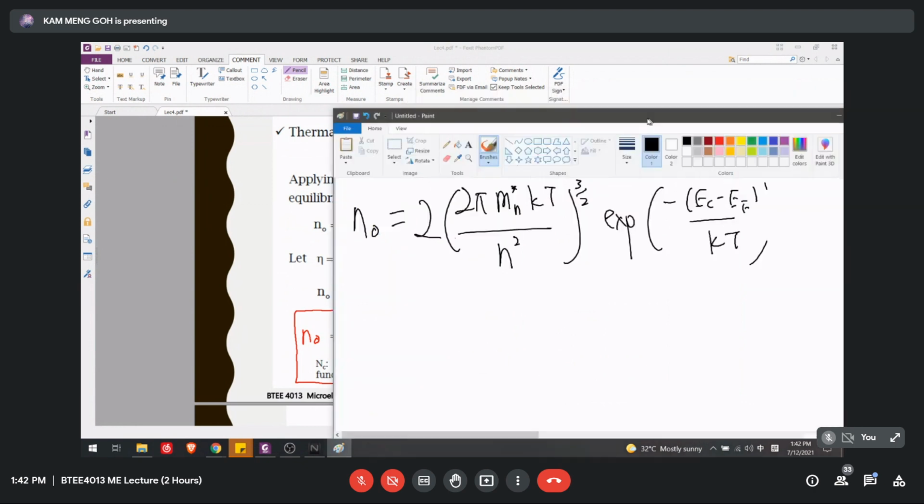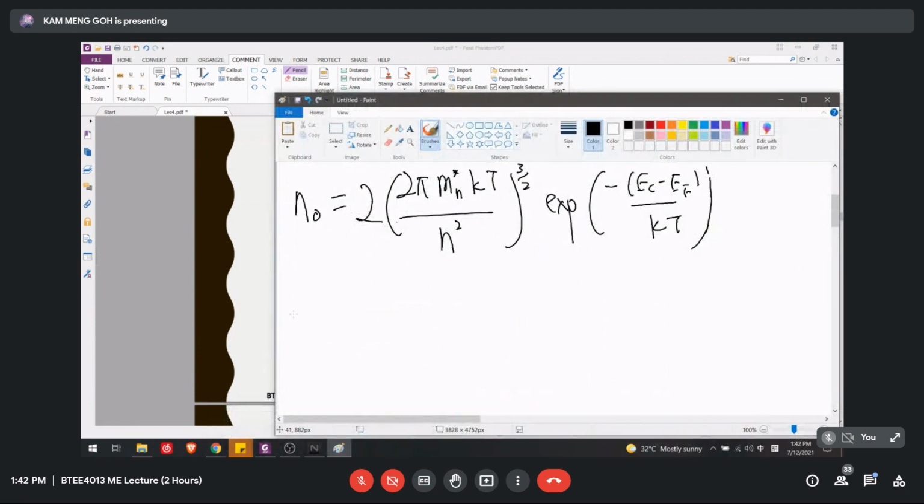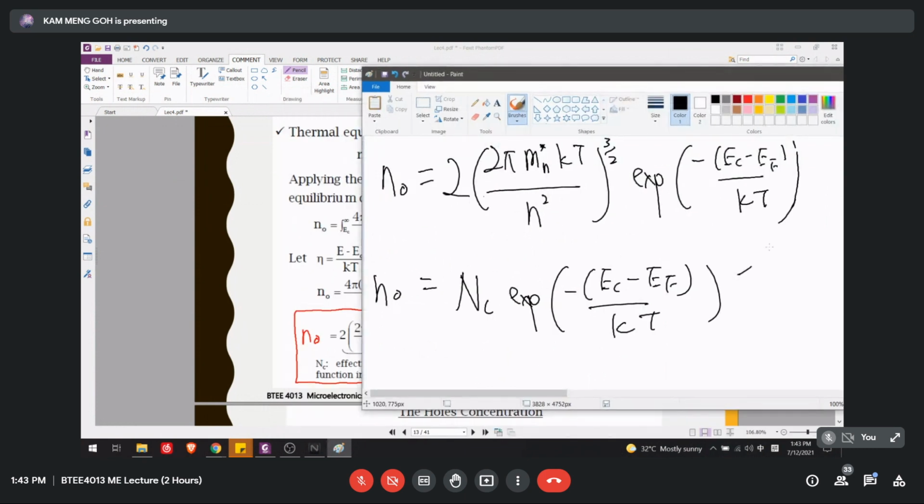This is the ultimate formula that you have to know. Then this can be further simplified into NC exponential of minus (EC minus EF) over kT. Always remember this formula because we are always going to use it.